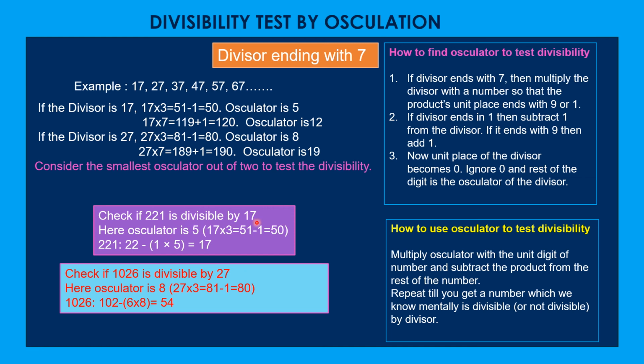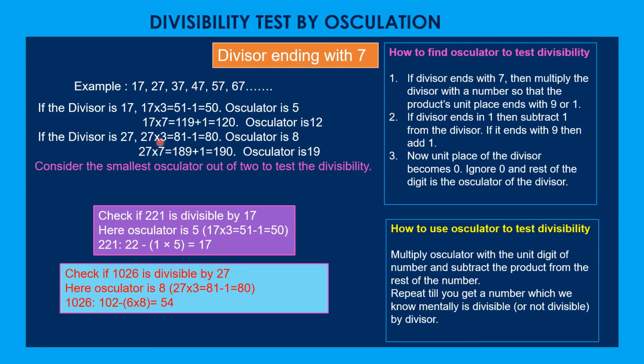Let us take another example. Check if 1026 is divisible by 27. Your divisor here is 27. So find the oscillator for 27. So you multiply your divisor 27 with such a number so that you get 1 or 9 in the unit place.